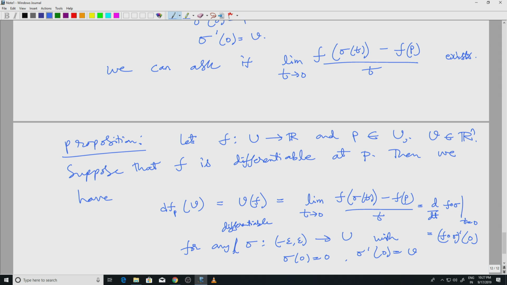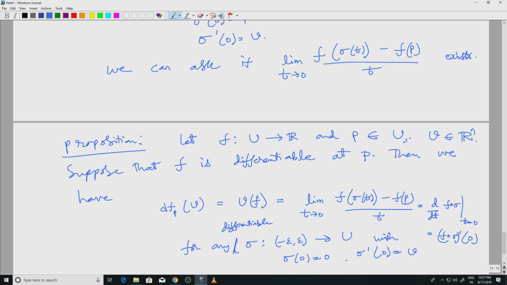What we are saying is that if f is differentiable in the Frechet sense at p, then there are many ways of looking at this equation. One thing is that in order to calculate the derivative as a linear map, what the derivative does to a vector v, I can use dfp of v. One way is that it is equal to the directional derivative along v. But actually this is not so helpful.